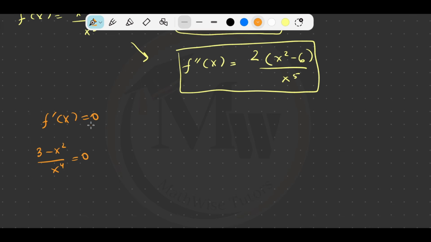When we put the function equal to 0, we put the numerator and denominator both equal to 0 one by one. Some students make the mistake of taking the x cubed to the other side, multiplying with the 0, and only taking it as 0. No, we have to put both values, numerator and denominator, separately equal to 0. So this will give you 3 minus x squared equal to 0 and x cubed equal to 0.